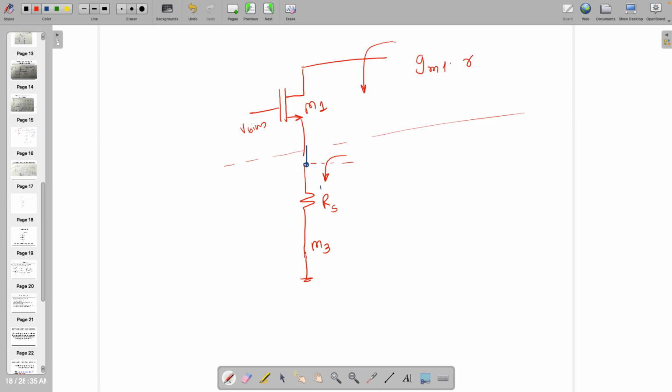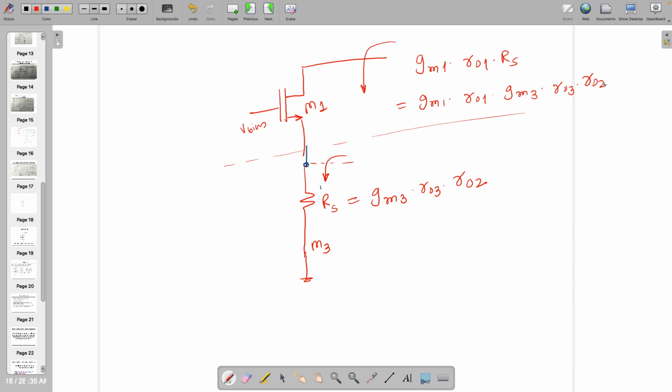GM1 RO1 times RS, where RS is nothing but GM3 RO3 times RO2. So GM1 times RO1 times GM3 times RO3 times RO2. That's a really simple multiplication, but you miss it.